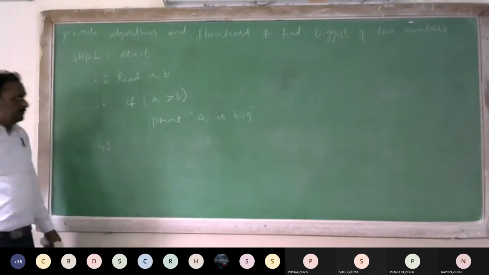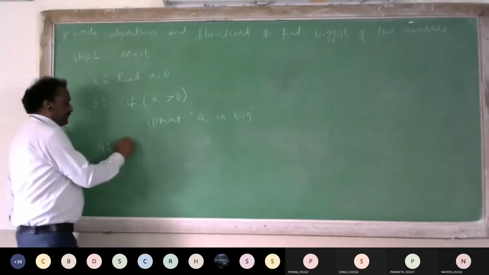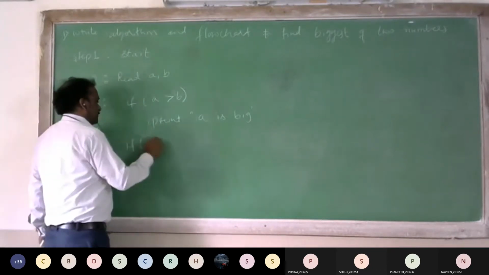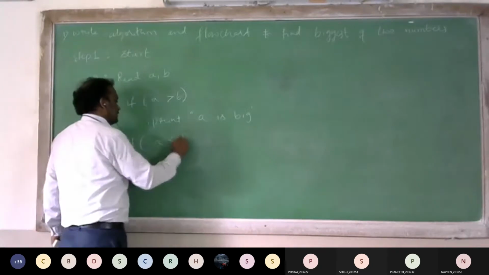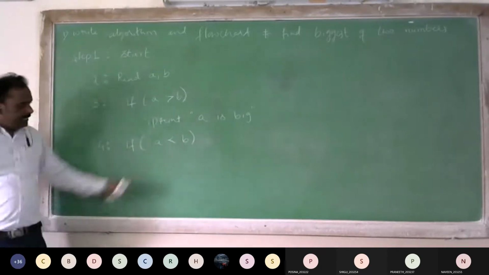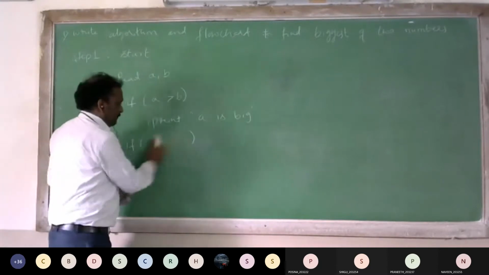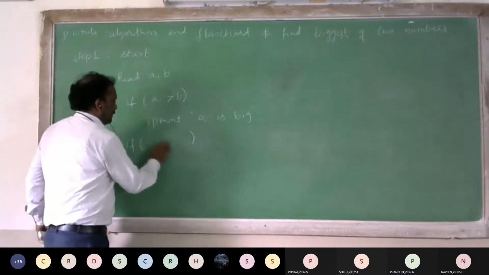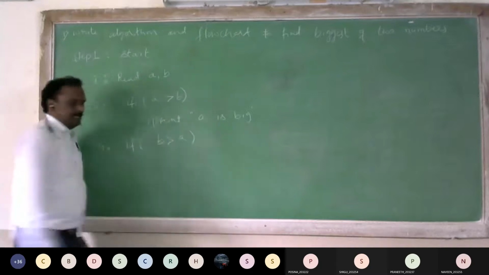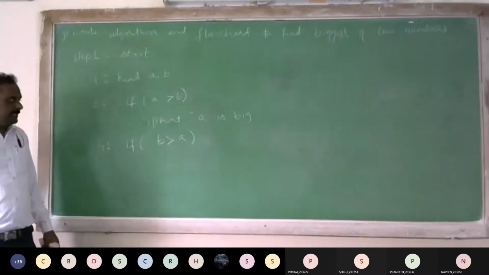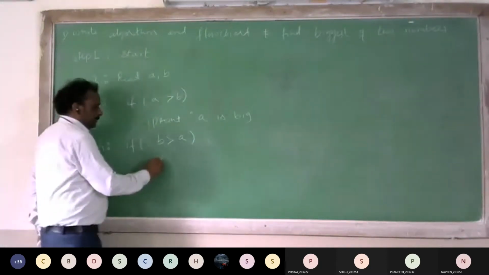Otherwise, what? If A is less than B. Here you can use A is less than B or B is greater than A. Both are same. Then what is the statement?